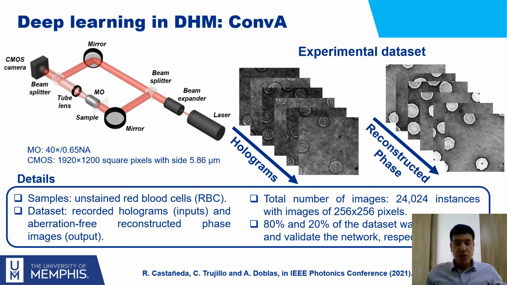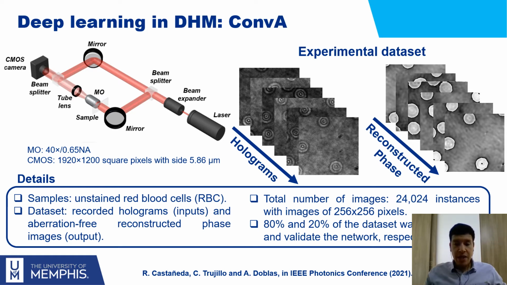Okay, how do we train this convolutional autoencoder for this particular problem? Well, to do this, in a traditional DHM setup, as we can see on the left side of this slide, we produce a large dataset. In this case, we produce 24,000 instances of images in which each one of these input images is a raw DHM hologram.